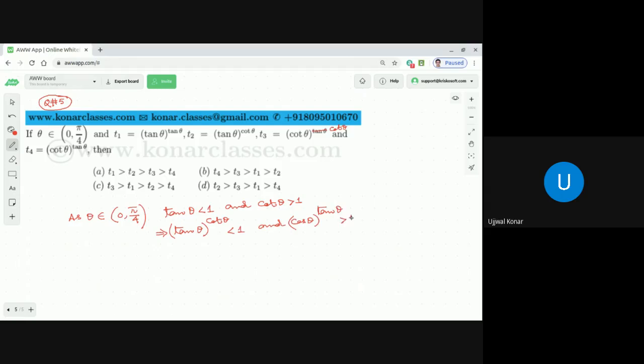Correct or not? Now, if you conclude this thing, then what you get? T4 is greater than T2. T4 greater than T2 is there in which option? T4 greater than T2 is there in option B only. Correct, no?